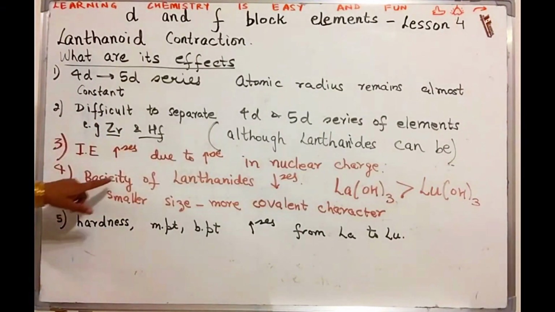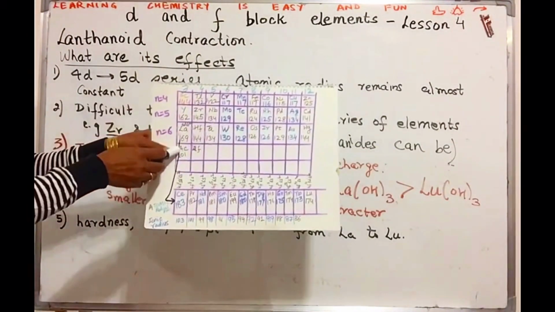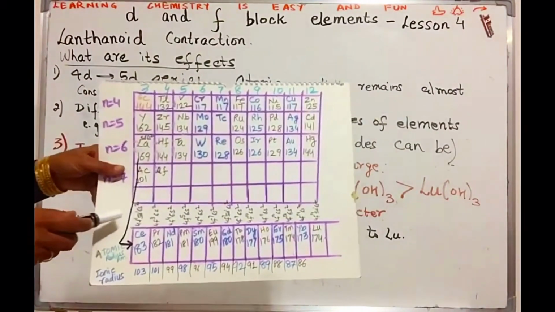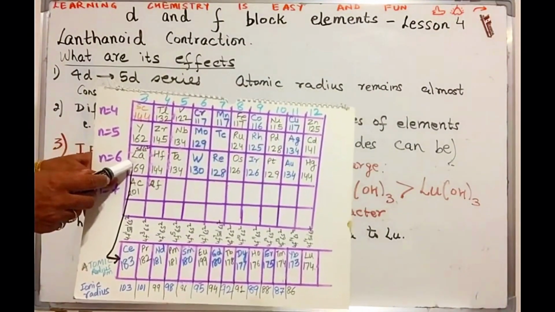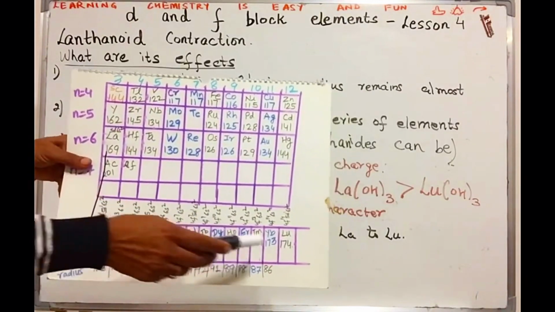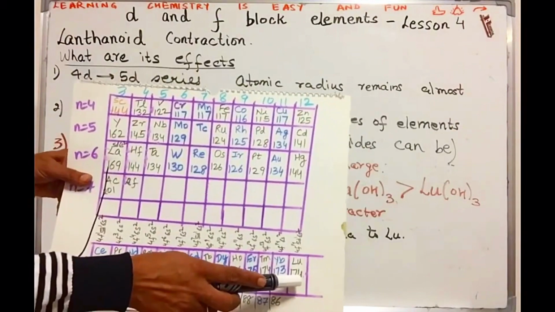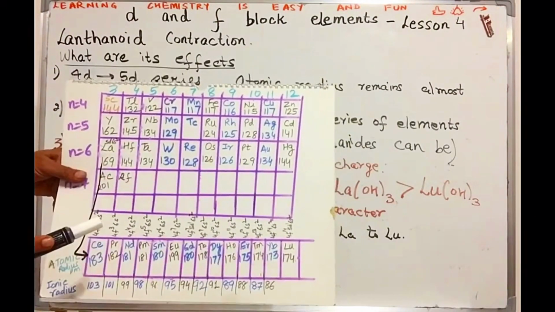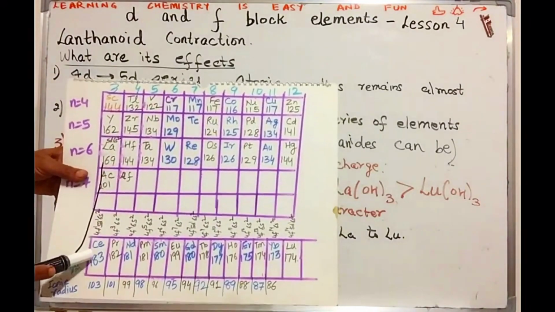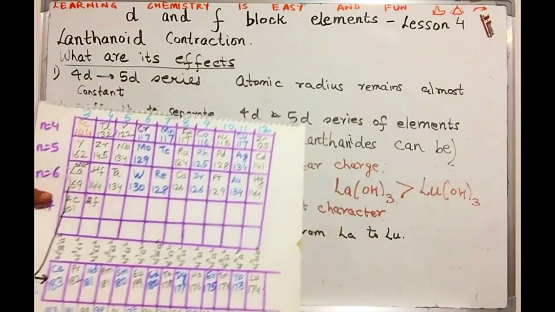The basicity of lanthanides. Now the lanthanides, starting from lanthanum, are also studied as part of the lanthanide series only because of its characteristics. So from lanthanum to lutetium, we notice that the basic character decreases because of the variation in the atomic radii.